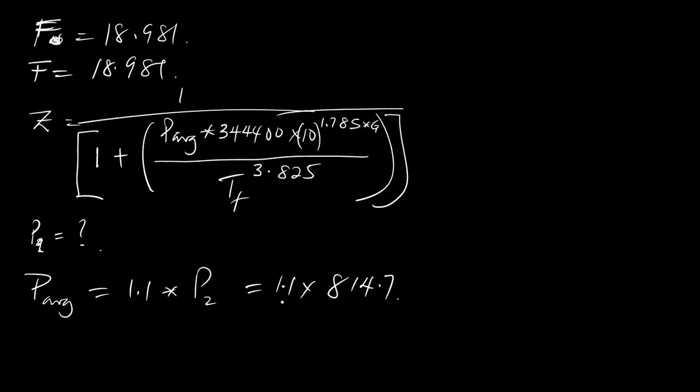So 1.1 times 814.7 will give us, let's make use of our calculator, 896.15 psia.